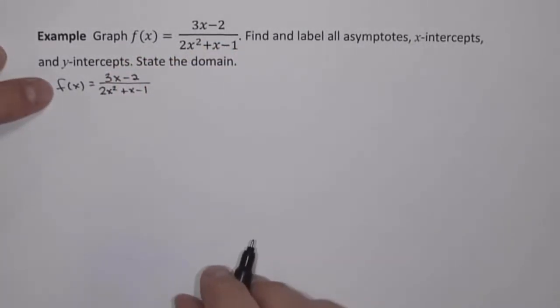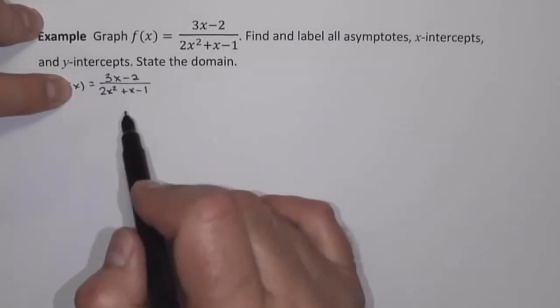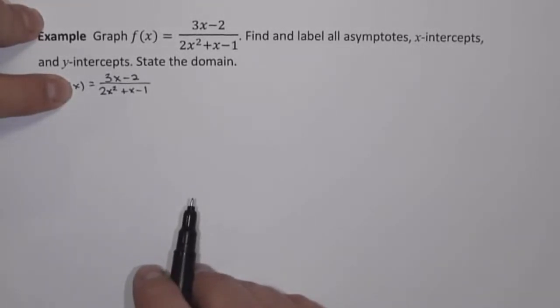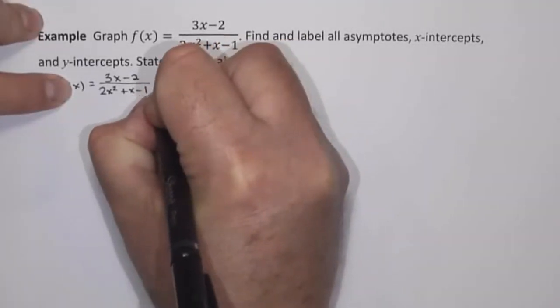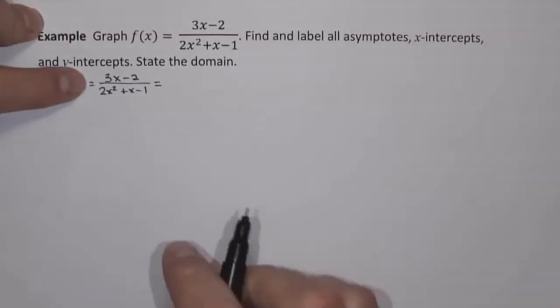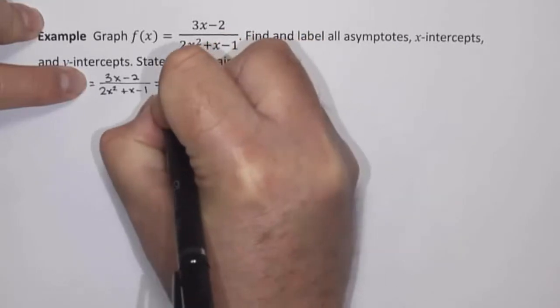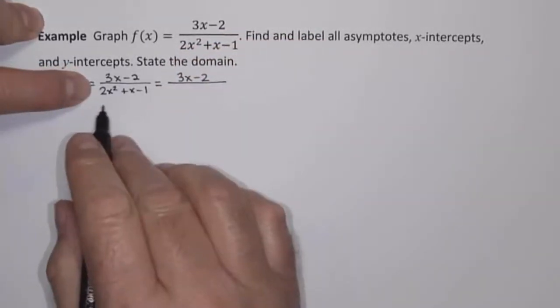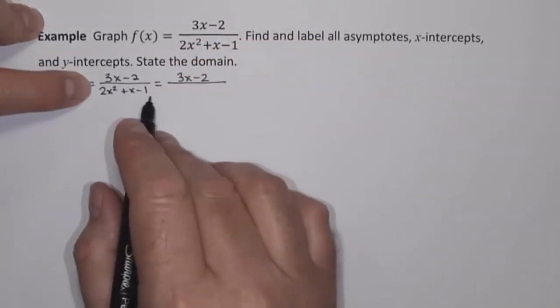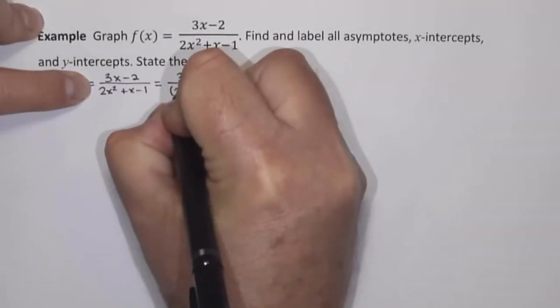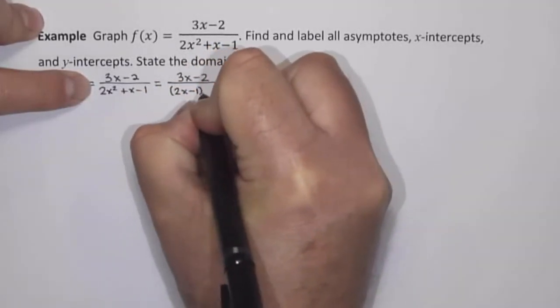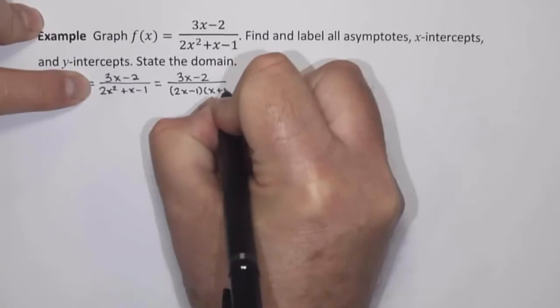And I want to begin to make sure that we don't have any common factors that can be divided out because that affects our rules, if you'll remember. So the numerator can't factor. That's going to just stay 3x minus 2. But the denominator can factor, and that's going to factor into 2x minus 1 times x plus 1.